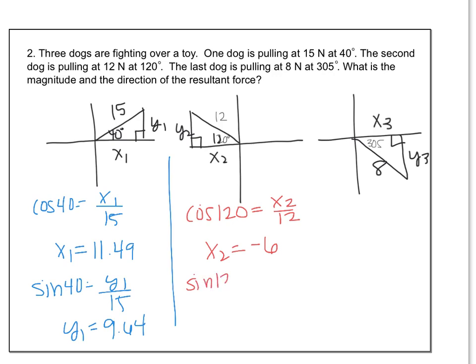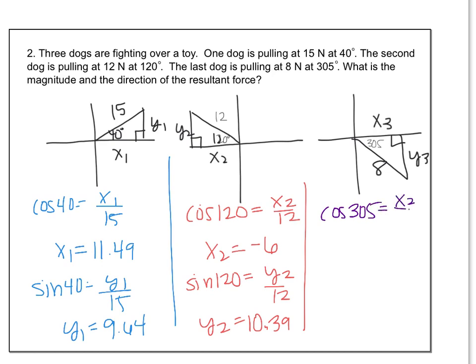And then it'll be sine of 120 equals y2 over 12. Should get 10.39. And then the last one, we're doing cosine of 305 equals x3 over 8.